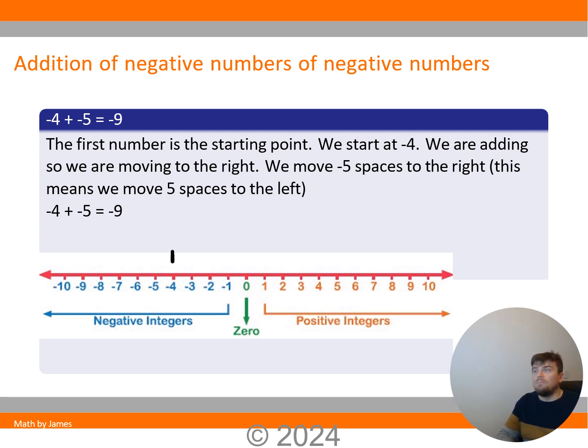So we move minus 5 spaces to the right, which means we have to go left, because a plus and a minus together gives us a minus. I'll show you that in more detail also, and how that can work going the other way. Then we have to take the opposite because it's negative.